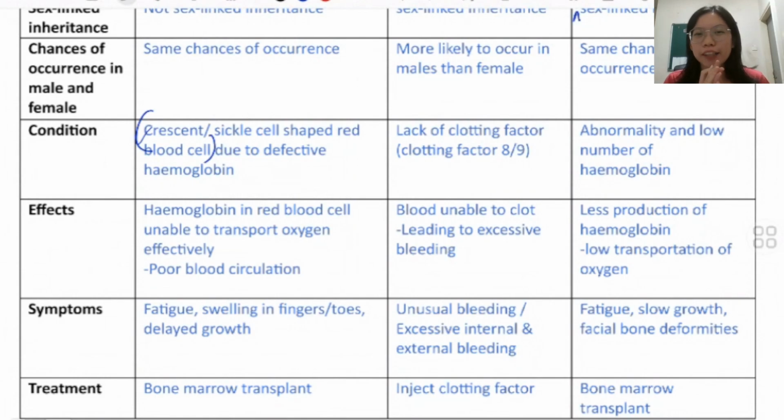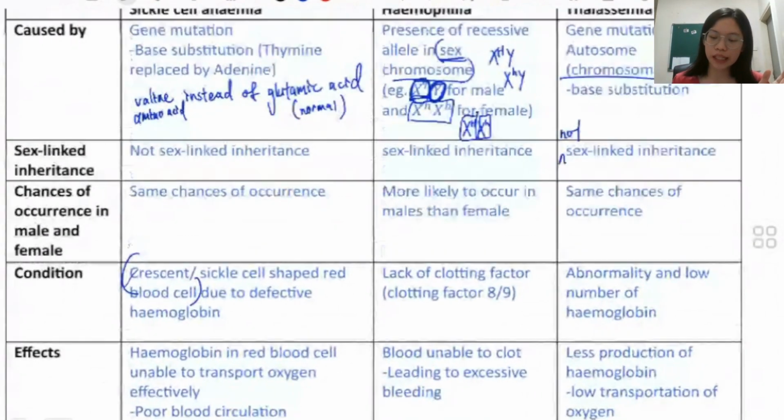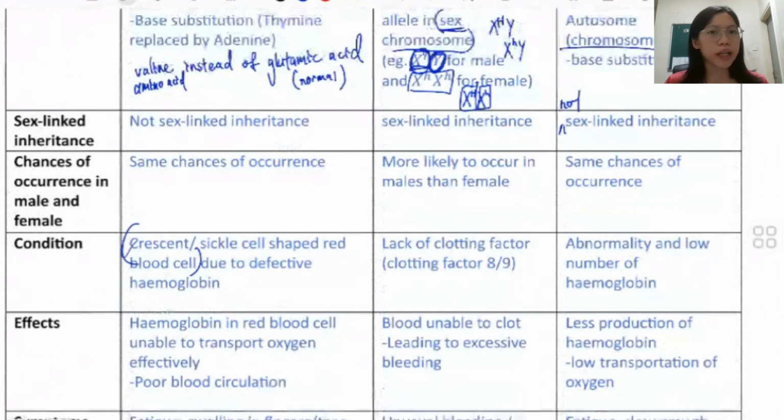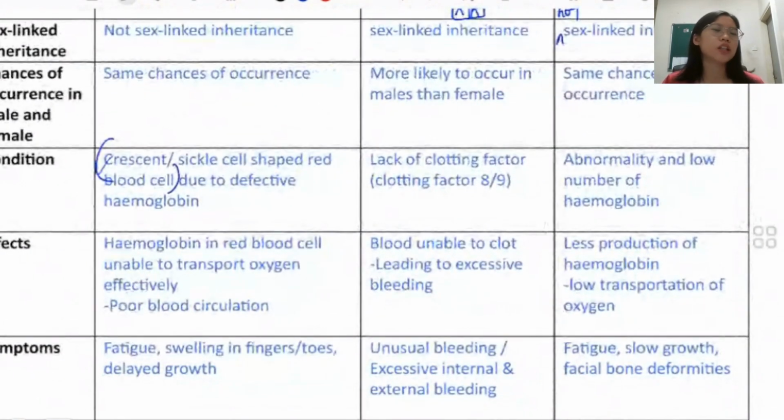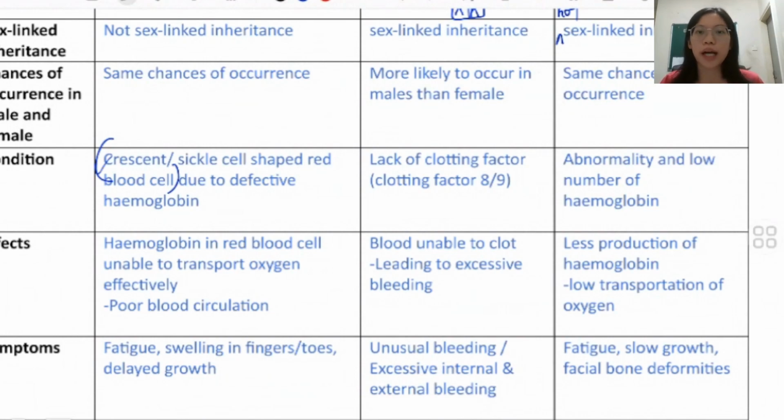And for hemophilia, the person keeps bleeding. Why does it keep bleeding? It is very hard to stop bleeding because of lacking clotting factor. To be precise, it is 8 or 9. You want to memorize also can, don't want also can. But most importantly, you have to know it is lack of clotting factor. That's why it will lead to excessive bleeding.